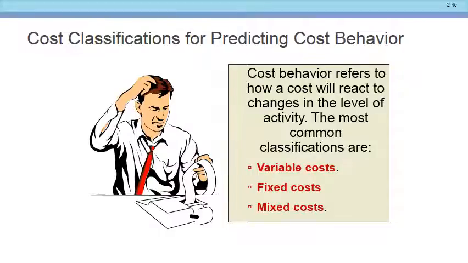So if we produce a lot of items, our variable cost will increase. If we produce fewer items, our variable cost will decrease, right? Fixed costs do not change with the level of production. They stay the same regardless of the number of items we produce. And we'll talk about mixed costs here in a second. But let's just focus on variable and fixed real quick.